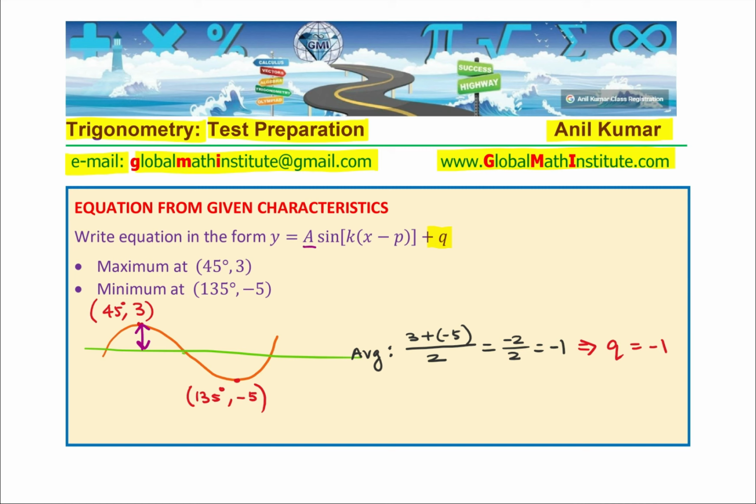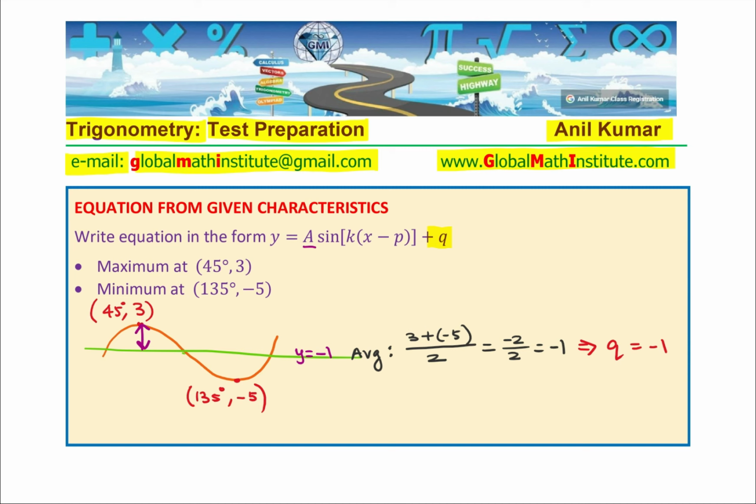As you can see, we know the average value is minus 1, so this is like y equals minus 1. If you want to go to 3, you have to go up by 3 minus minus 1, which is 4, right?